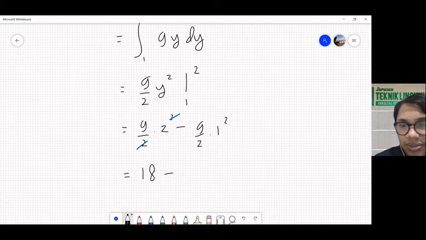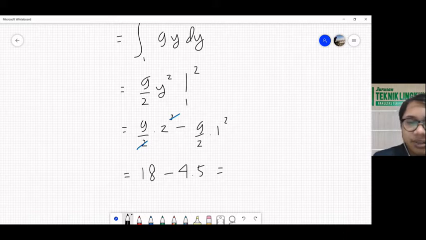So 1 square is still 1, and 9 over 2, we just change into decimal, 4.5. You can write 4.5 right here, just to make everything simple. Then you can get the solution, which is 13.5.